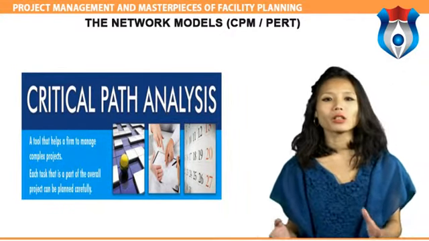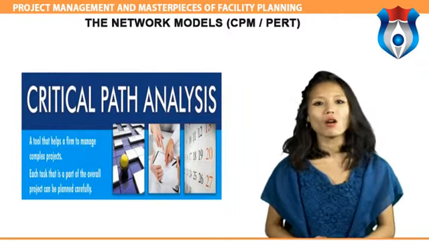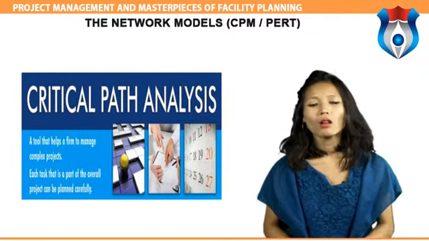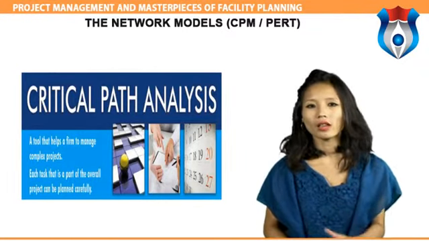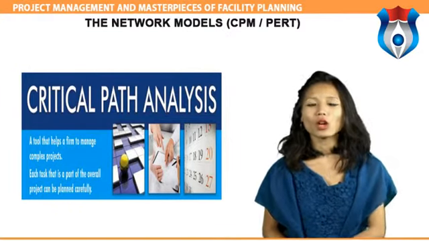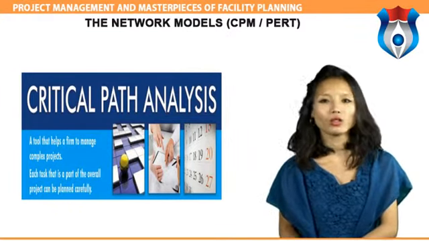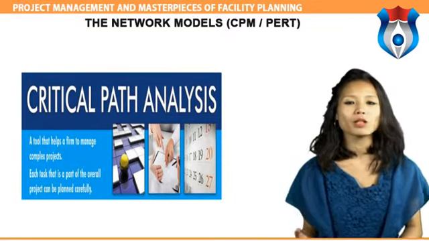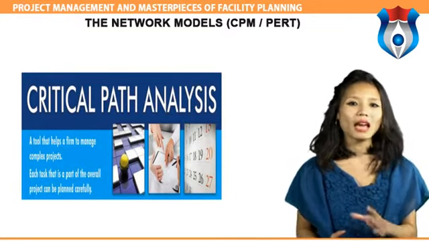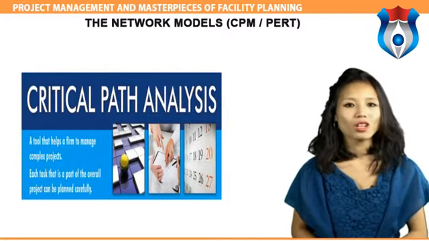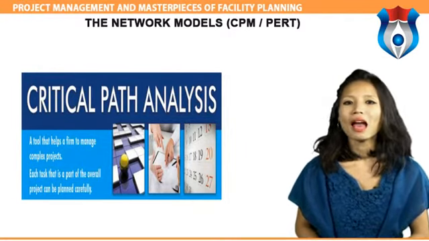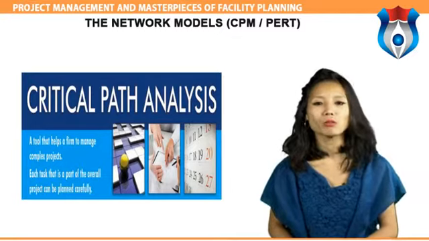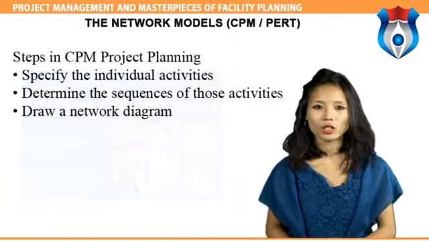In other words, if there is any delay to any of the activities on the critical path, the whole project will be delayed unless the firm makes other changes to bring the project back on track. The total time along this critical path is also the minimum time in which the whole project can be completed. Some branches on the CPA may have float, which means that there is some spare time available for these activities.